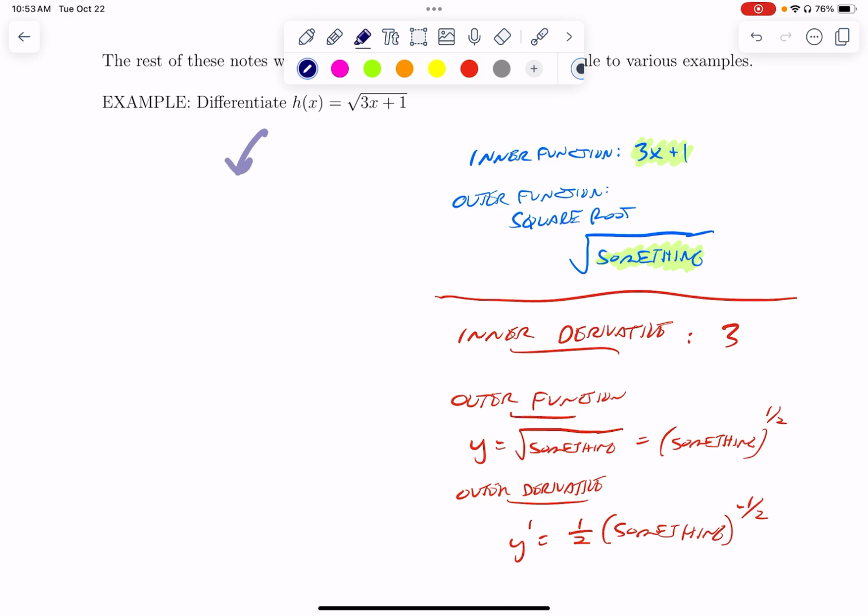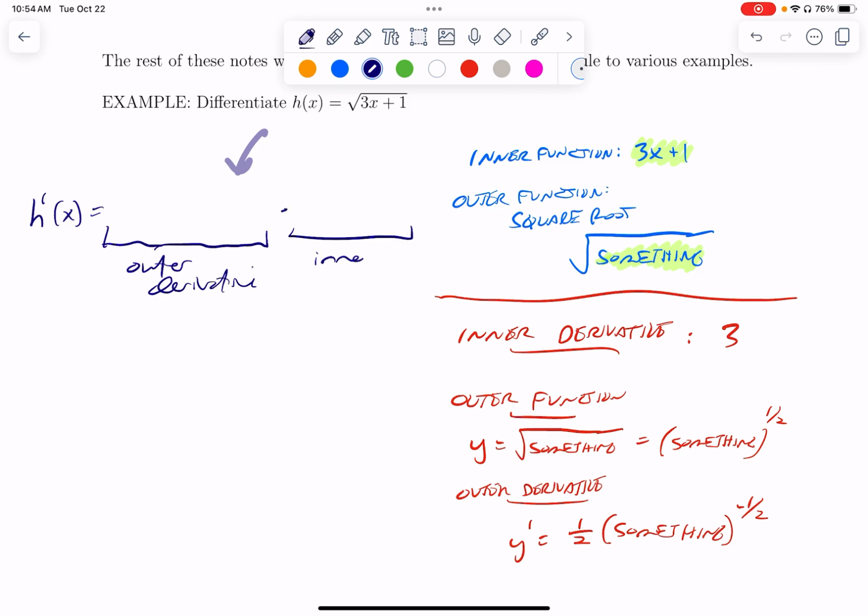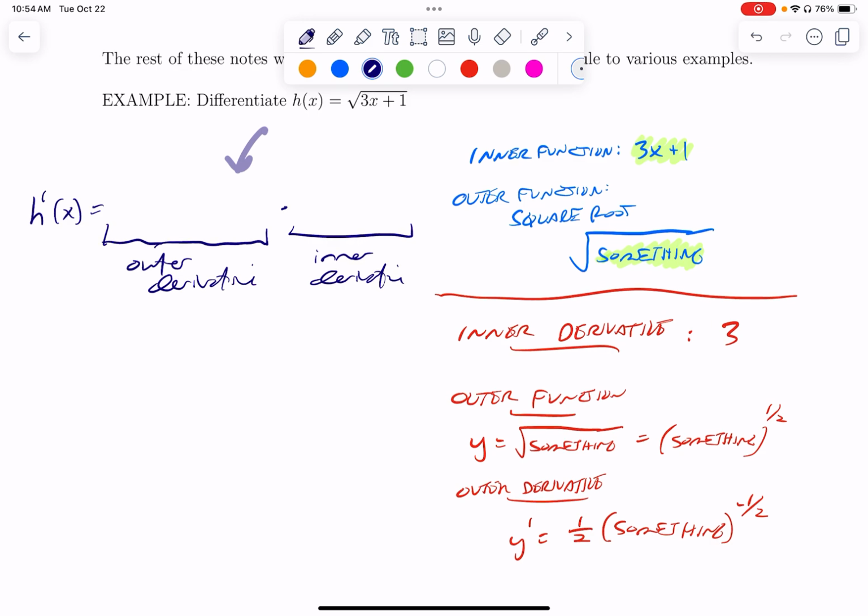So I have this composite function. By the chain rule, the overall derivative of this thing is going to be the outer derivative times the inner derivative. My outer derivative was 1/2 times something to the negative 1/2 power. I'm just going to leave that blank for a little bit.